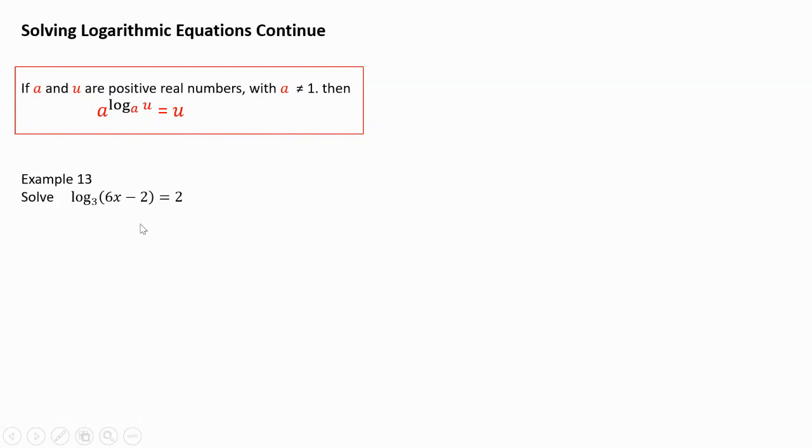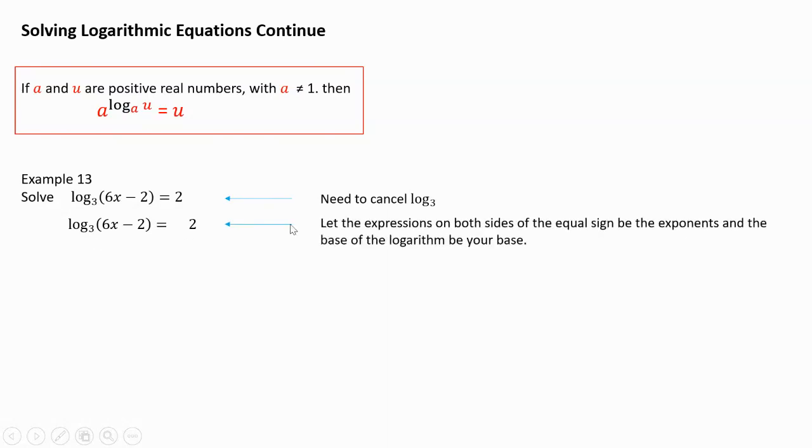Example. So what's my base? My base is 3, correct? So we're going to let both terms on the right and the left become my exponent. Let the expression on both sides of the equal sign be the exponent, and the base of the logarithm be your base. So we're going to put a big 3 there and a big 3 there.